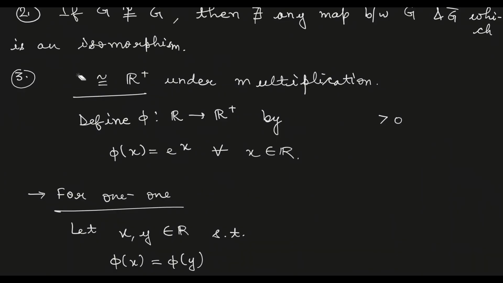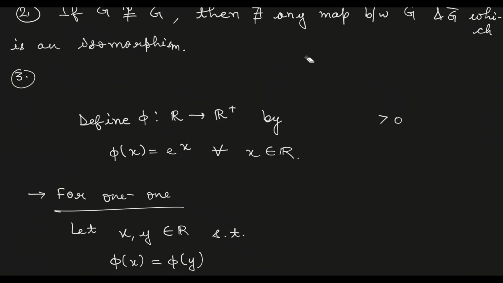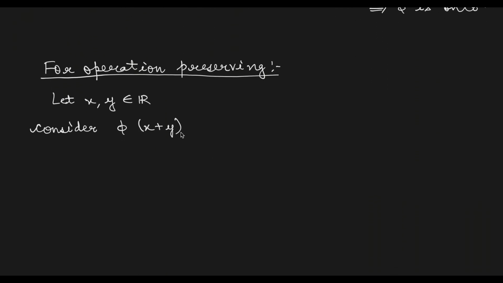Here the operations will be like this: real numbers with respect to addition and R plus with respect to multiplication. So phi(x plus y) is equal to e to the power x plus y by definition of phi. This can be written as e to the power x into e to the power y. So phi(x) into phi(y). So phi is operation preserving.